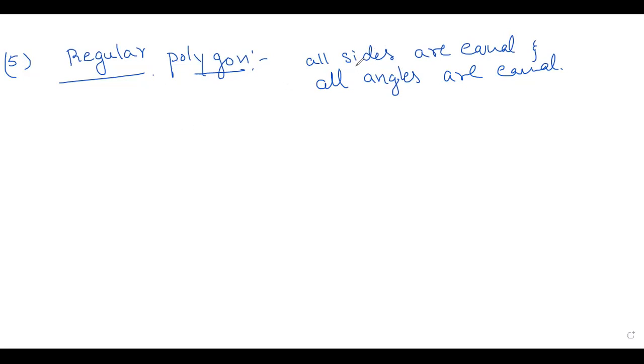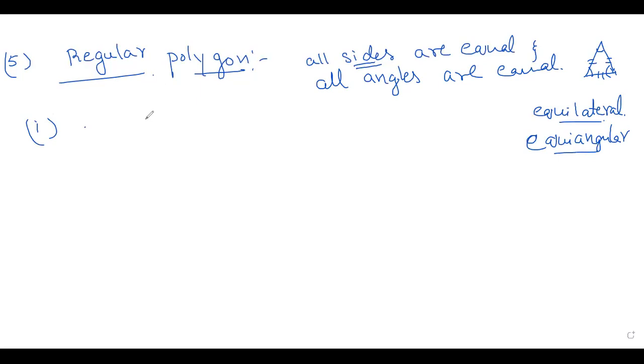See, in a triangle, you know that if all the sides are equal, what do we say? We say equilateral. If all the angles are equal, then we say equiangular. Okay, equilateral and equiangular.